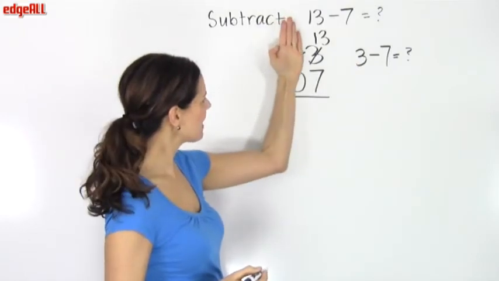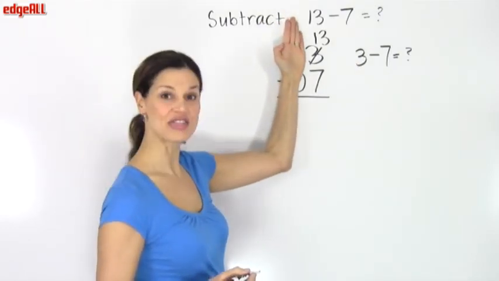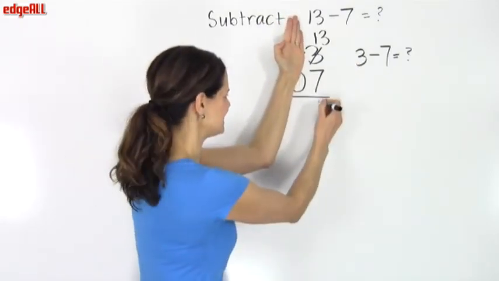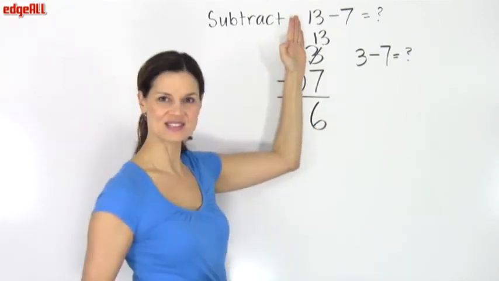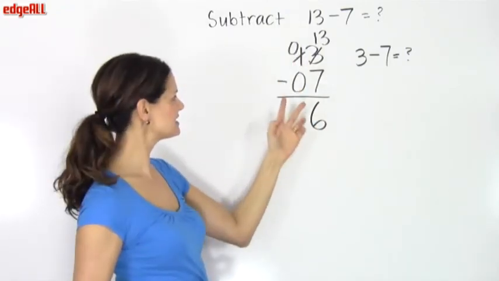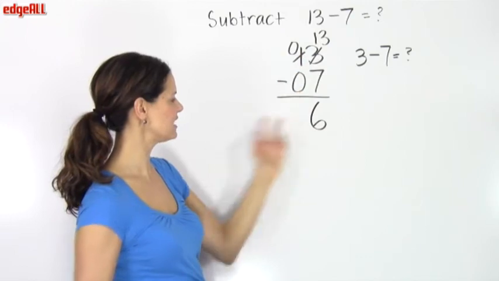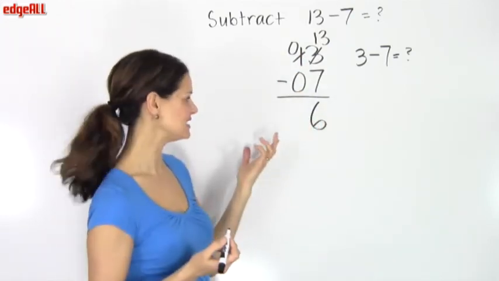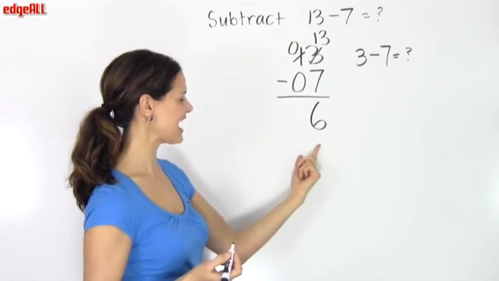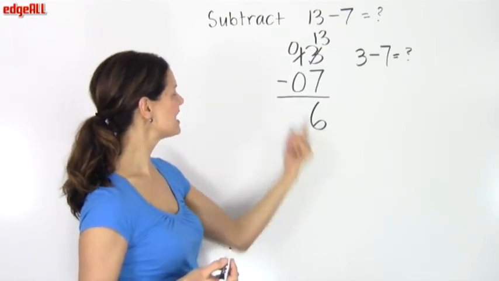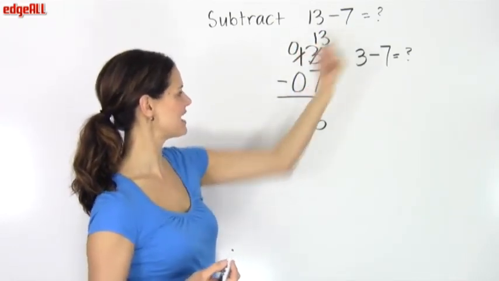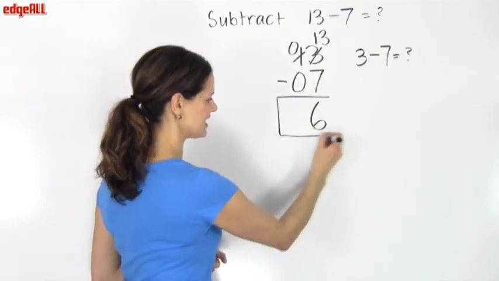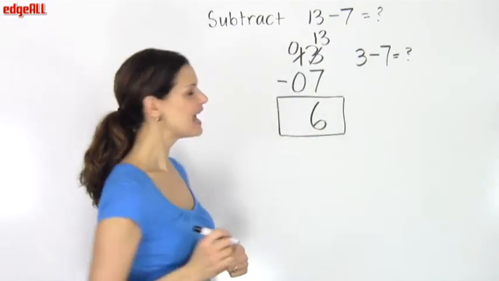Now looking at my ones column, I know that 13 minus 7 is 6, and I put my answer here. In the tens column, I've got 0 minus 0, which is just 0. I could write it, but I don't need to. So I can just leave my answer as 6. So 13 minus 7, the answer is 6.